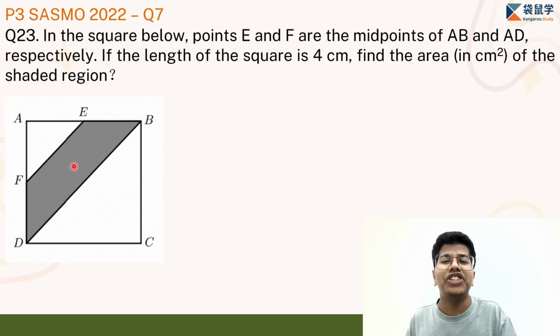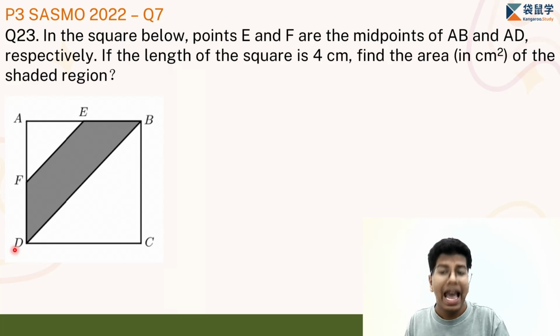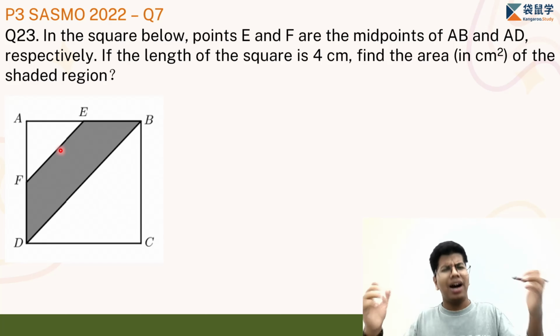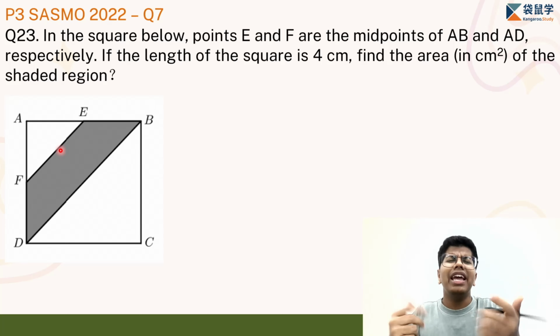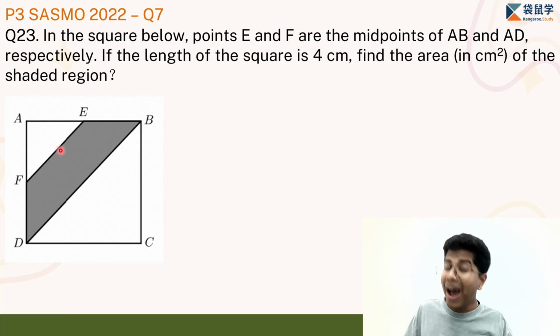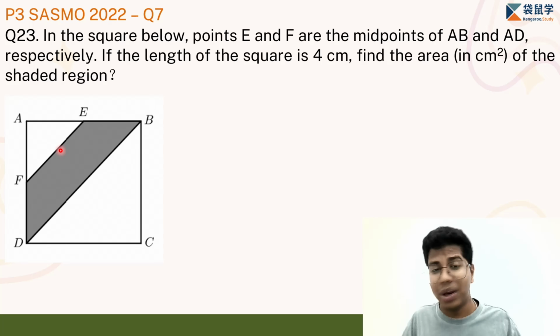But to find the shaded part, which parts do we have to remove? Yes, we have to remove the part that is BCD and we also have to remove this part that is AEF. So these two are nothing but triangles. But how do we find the areas of these two triangles so that I can remove them? Now, this is the part we need to understand.